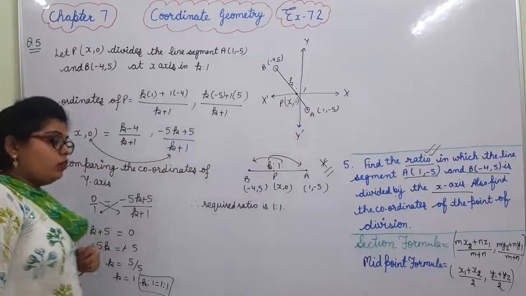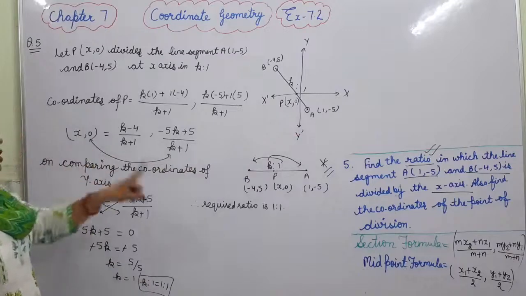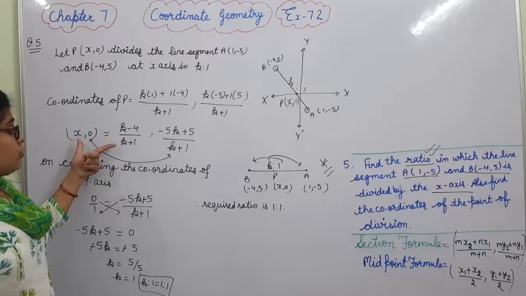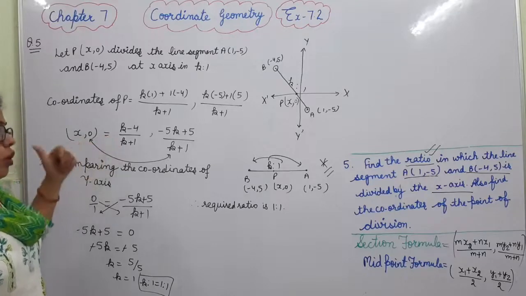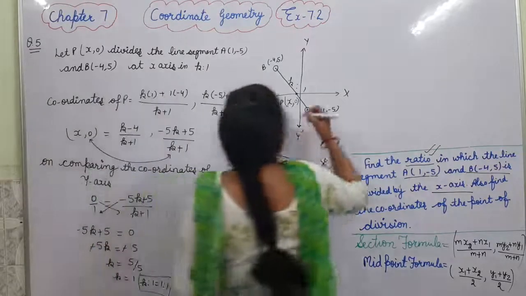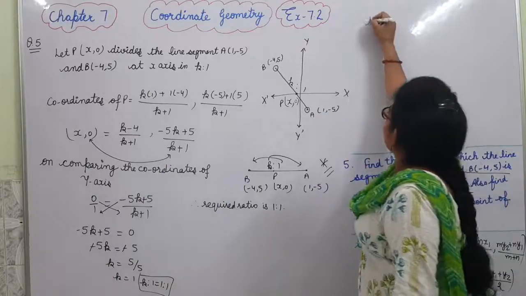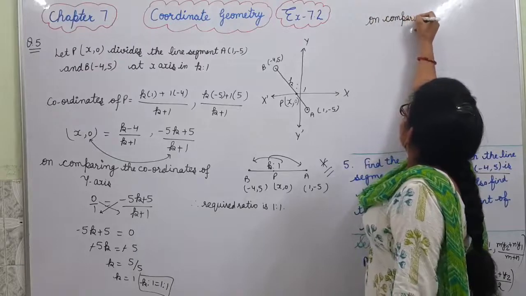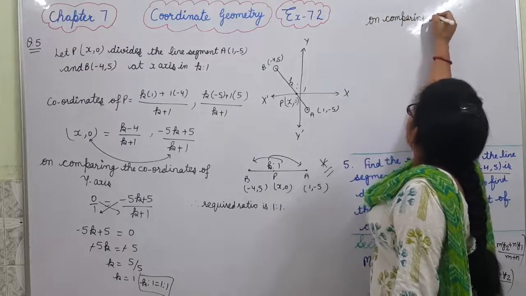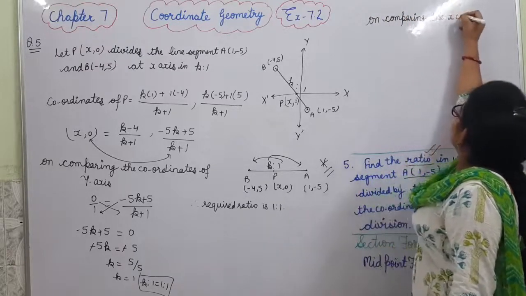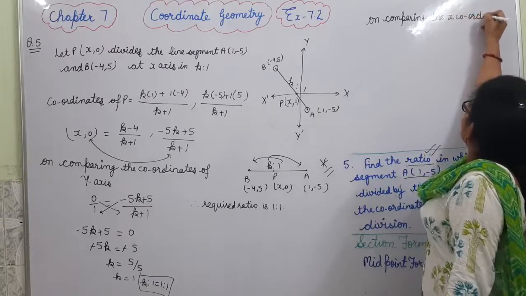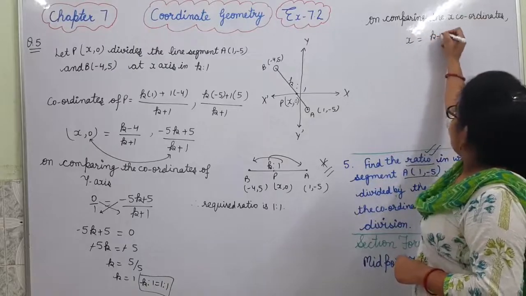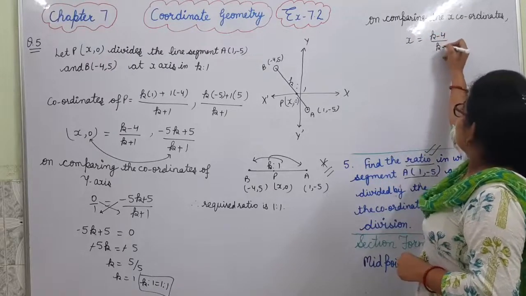How will we find this coordinate? We will substitute the value of k in the x coordinate. After putting the value of k, we will compare. On comparing the x coordinates, x is equal to (k minus 4) divided by (k plus 1).